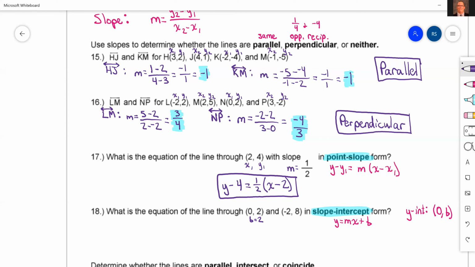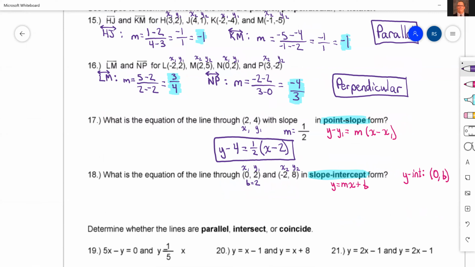Well, getting b was easy. That's 2. But what about m? Did they give me the slope? No, I've got to find it. So label my points, x1, y1, x2, y2, and find slope. So y2 minus y1 over x2 minus x1. 8 minus 2 is 6.